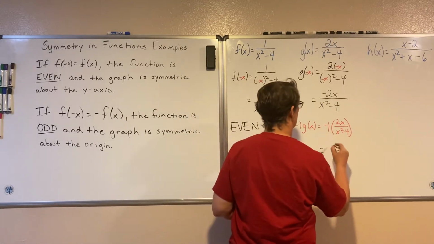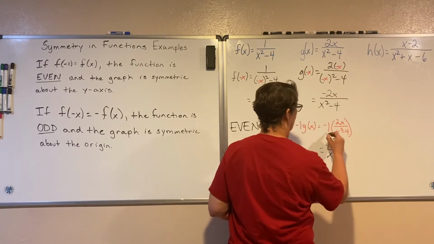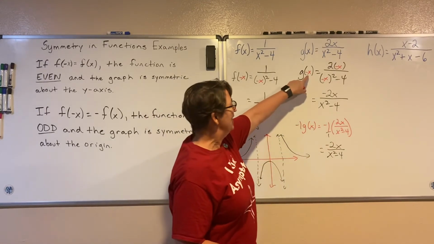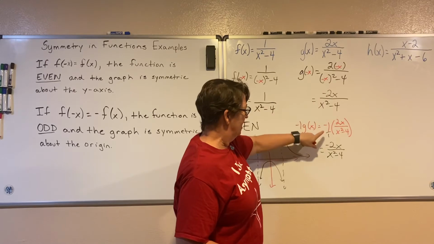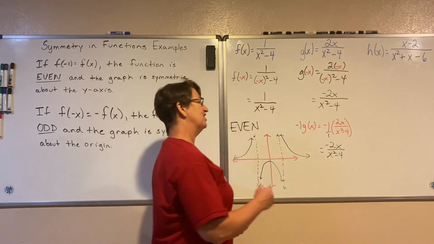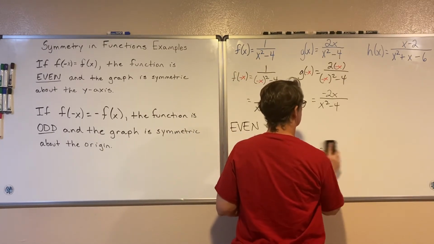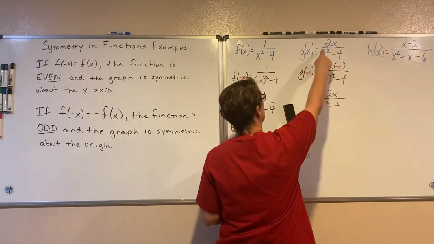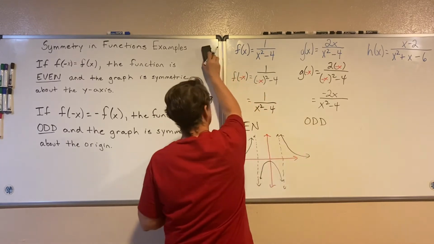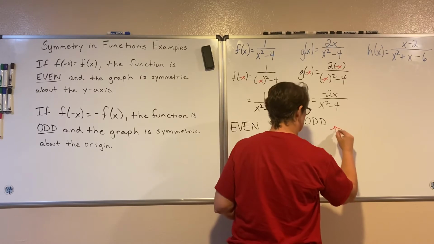So that I would end up with a negative 2x over x squared minus 4, because on bottom I'm just multiplying by that 1. So when I input a negative x, I got out a negative 1 times that original function. We say that this function is odd because this is equal to a negative 1 times my original function. We say that this function is odd. That tells us that this graph is going to be symmetric about our origin.